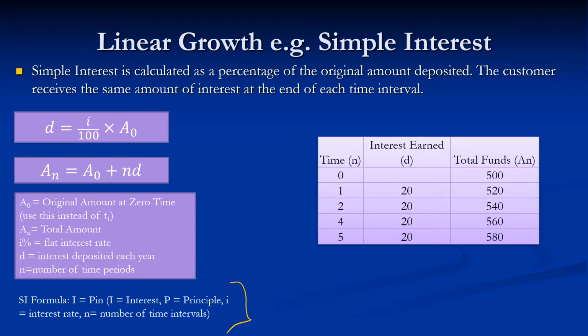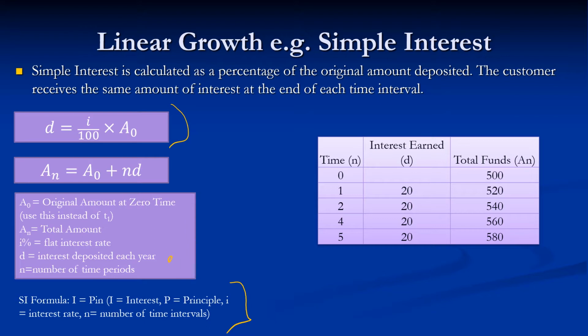So what we want to first of all work out is the amount deposited each year. The amount deposited each year is the interest rate over 100 multiplied by the original amount. Now you can see that instead of saying T1, I've written A0. I'm saying A for the amount and a 0 for a 0 amount of time, so we're actually putting in money before we start earning interest.